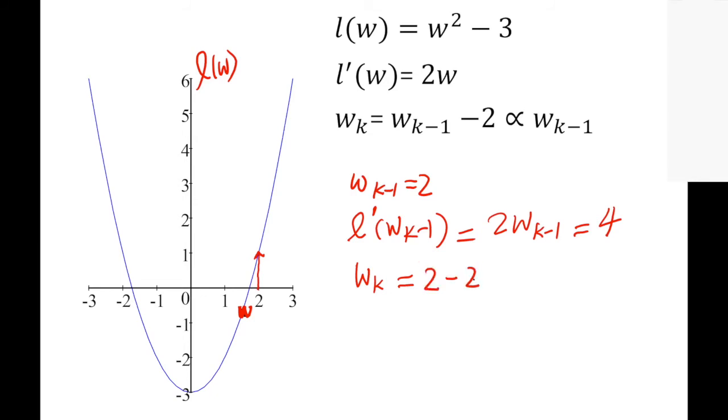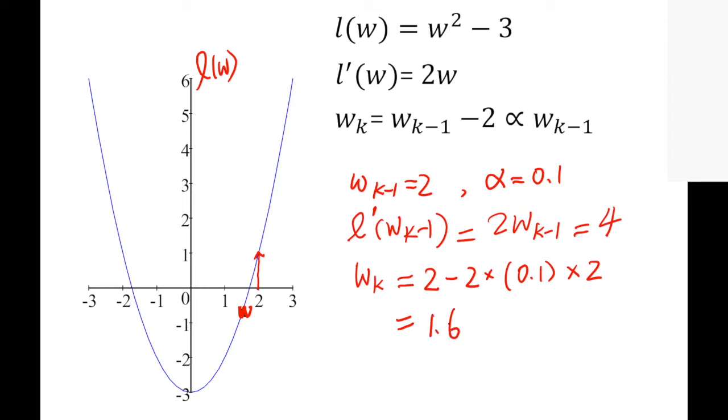Let's assume alpha equals 1. Actually, 1 is too large, so let me do 0.1 times 0.1 times 2. So what is w_k? It is 2 minus 0.4, which is 1.6. I think I'm correct. Yes.